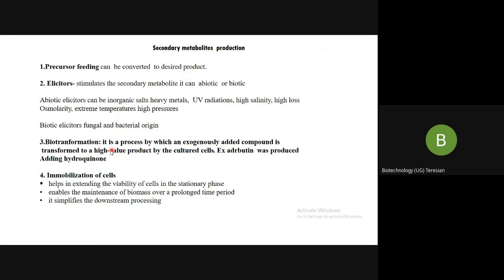So what we do is we use the biotransformation. It is a process by which an exogenously added compound is transformed to a high value product by the culture cells.